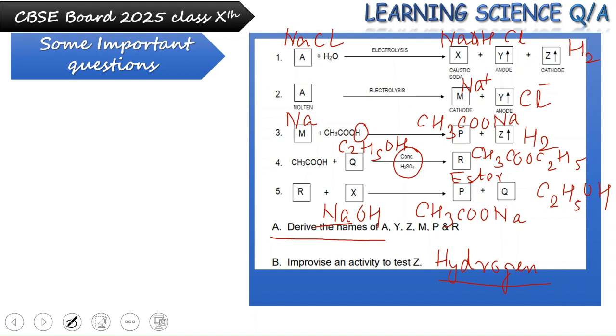So always remember, whenever we get a question to detect the presence of hydrogen gas, we always use a burning matchstick near the point where this gas is getting released, and if it burns with a pop sound, we say that the liberated gas is hydrogen. It won't be oxygen because oxygen acts as a supporter of combustion only, whereas hydrogen burns with a pop sound. It will give a magnified combustion.